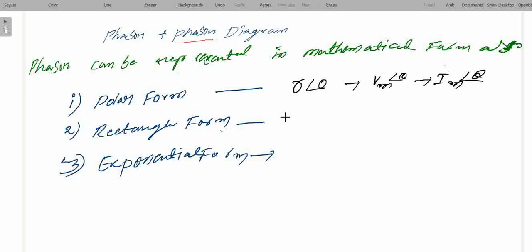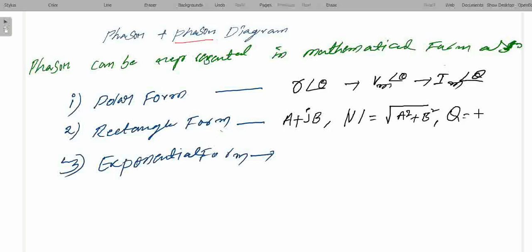In rectangular form, it is A plus jB, where mod V or mod I is equal to the square root of A squared plus B squared. And what about your phi?